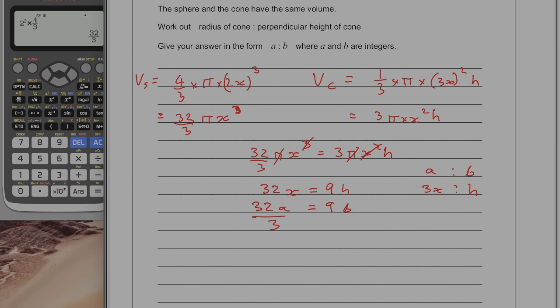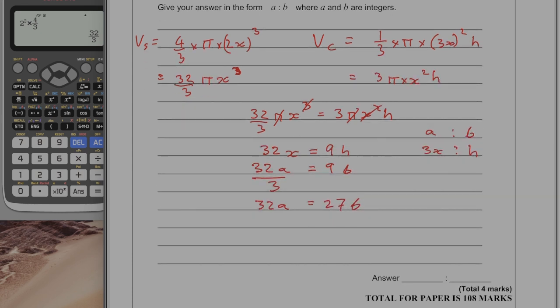So if I tidy this up a bit, so 32a is going to be equal to 27b. Now I want a to b, and again, I find it easier to view it as a over b is going to be equal to 27 over 32. So the ratio is going to be 27 to 32.